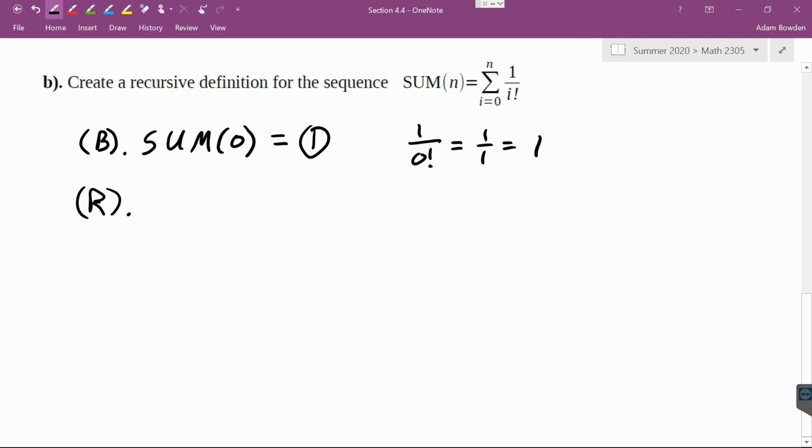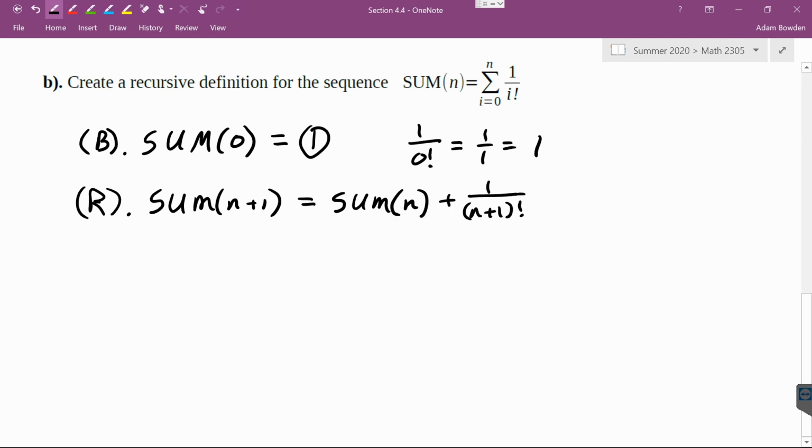Now to get to the next value in this sequence recursively, or the sum of n plus 1, what I'm going to do is take the sum of the first n and then add to that 1 over n plus 1 factorial.